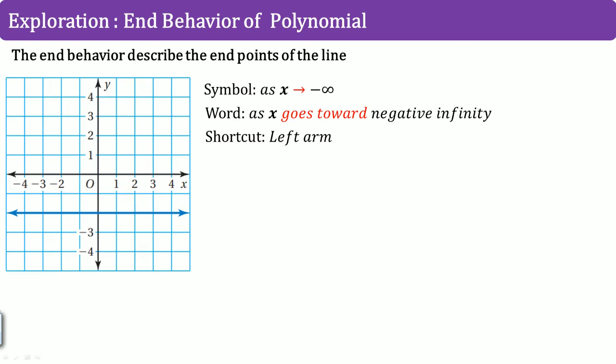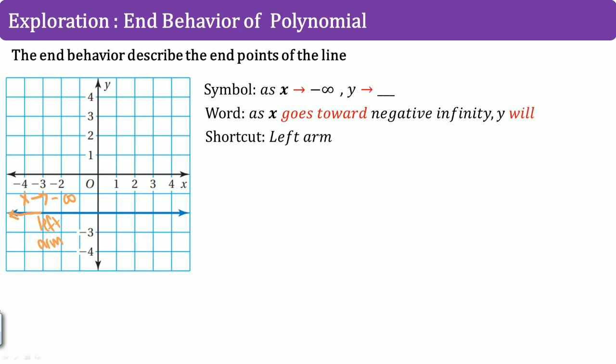If you take a look, this is what I mean by the left arm. This is when x goes to negative infinity. It goes to the left of the line. So as it goes left, something happens.